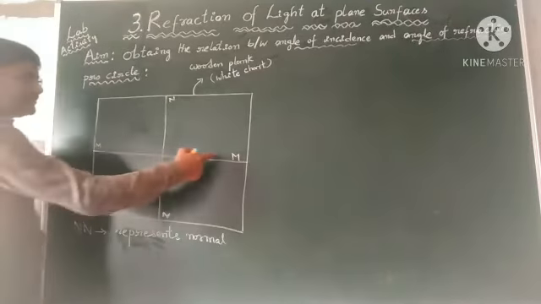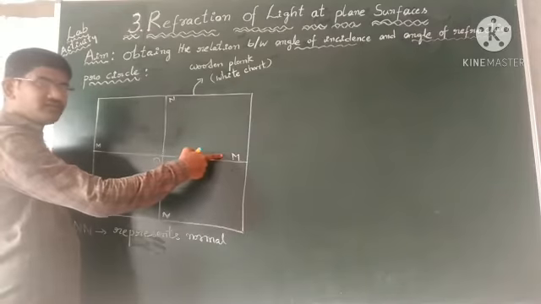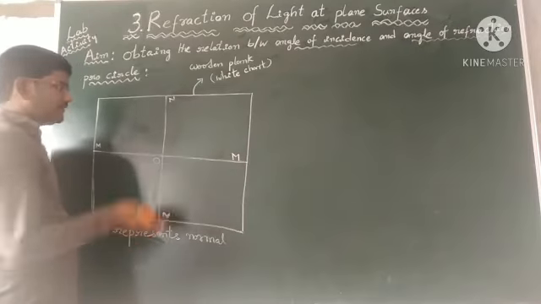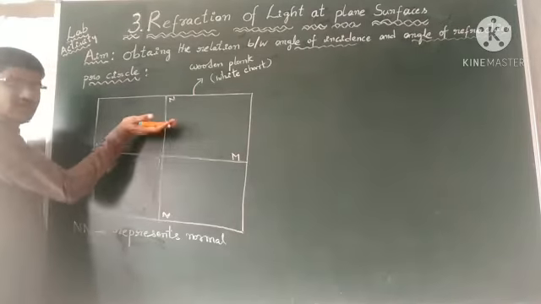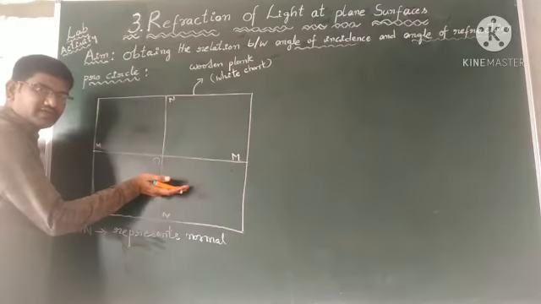And MM represents a line drawn along the interface which separates two media, and above this MM line we can have one medium, and below we will have the other medium.